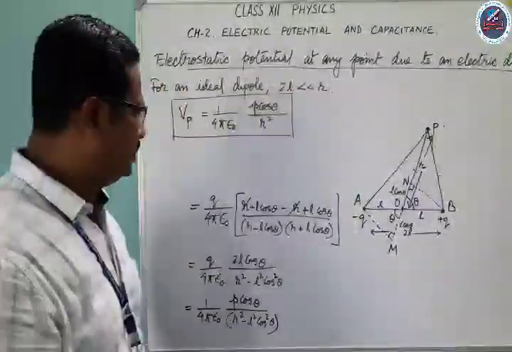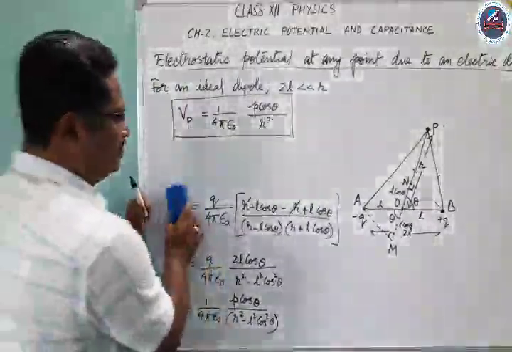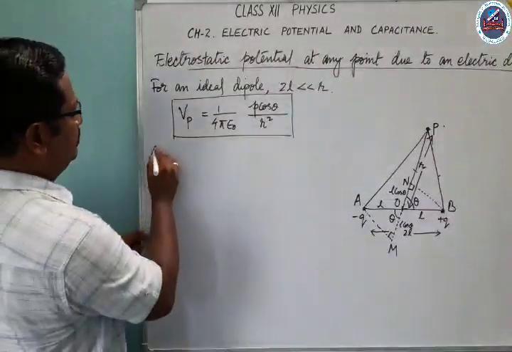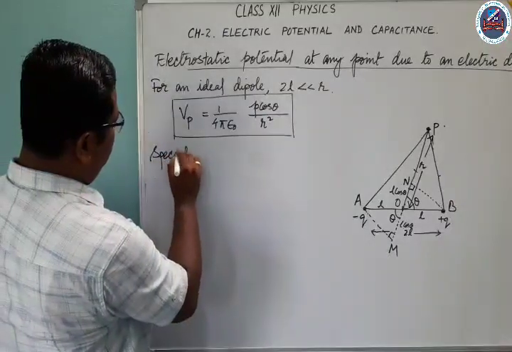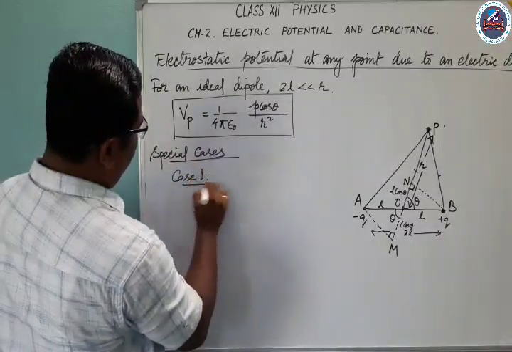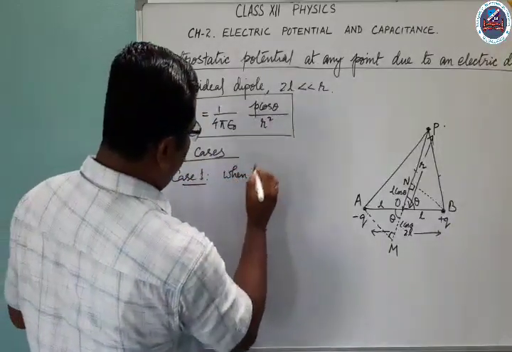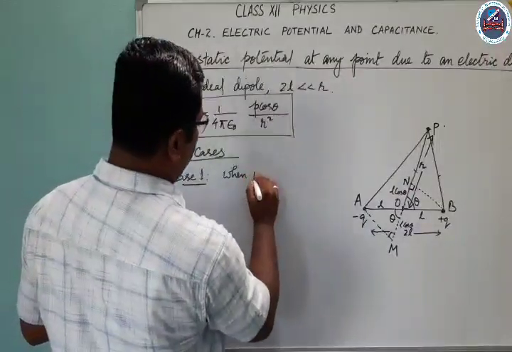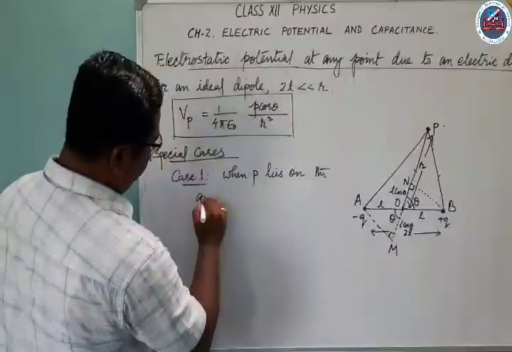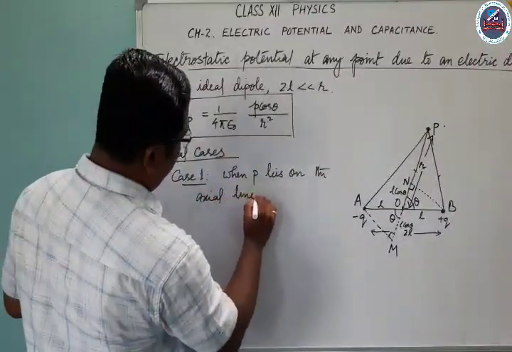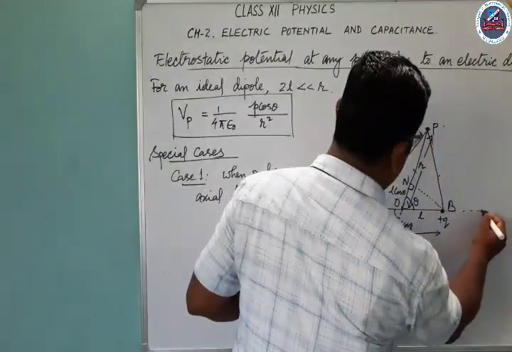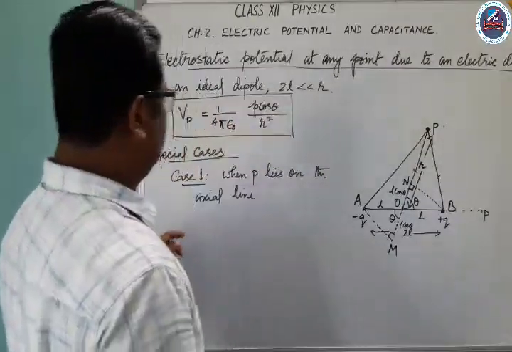Here two cases arise. Let us see the special cases. Case 1, when P lies on the axial line, that means if P is not here making an angle theta, P is somewhere here, then in that case, what will be the expression?